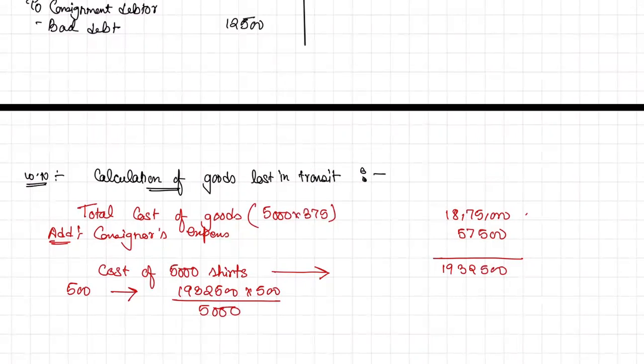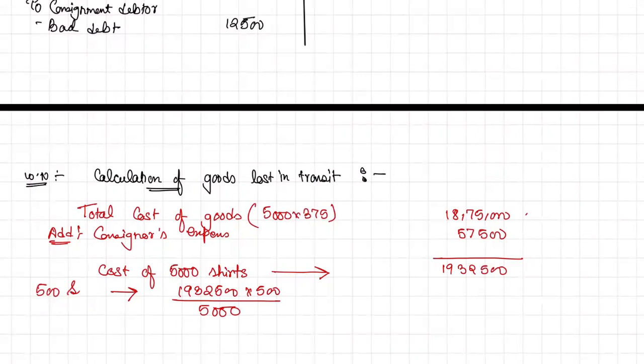Unitary method. If cost of 5,000 shirts is 19,32,500, then cost of one shirt is 19,32,500 divided by 5,000. Then for 500 shirts into 500. Correct?